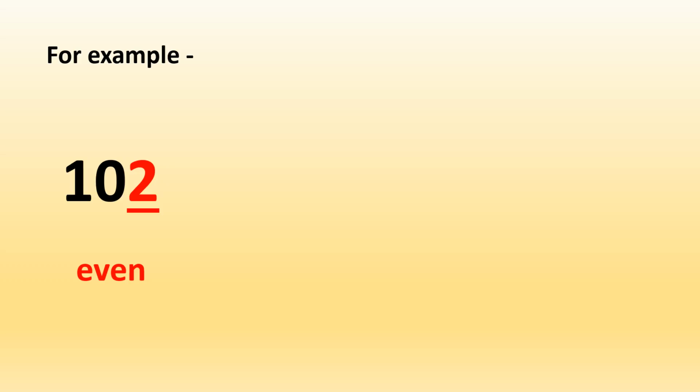Let's look at another example. Now we have number 149. Which number is at ones place? It is number 9. And 9 is an odd number. So 149 will be an odd number too.